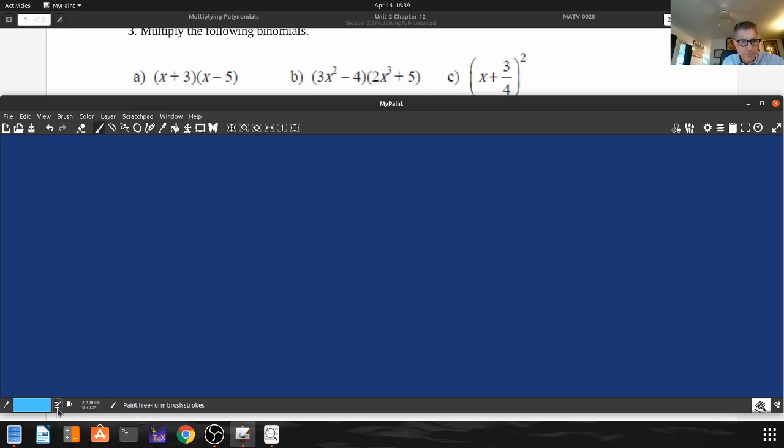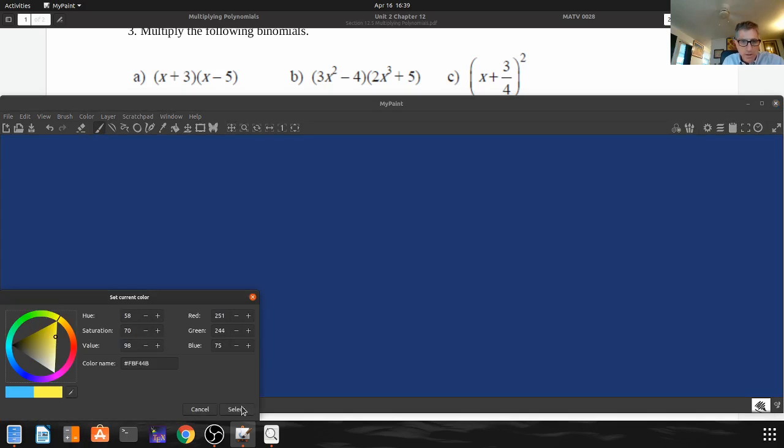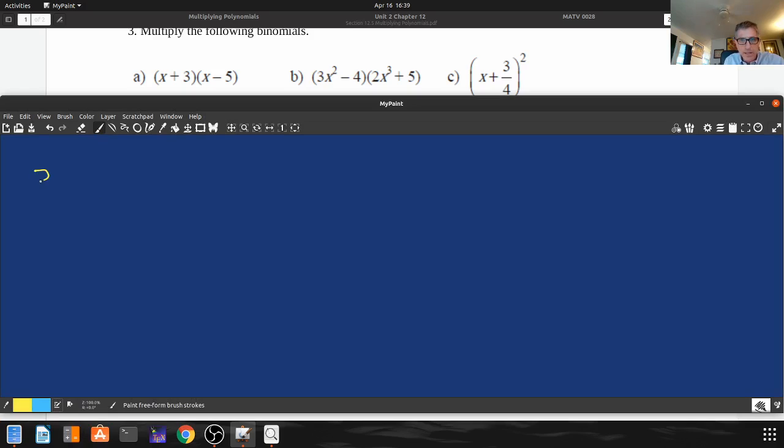So here is 3c. And we're given x plus 3/4 squared. But remember, this is shorthand for x plus 3/4 times x plus 3/4.